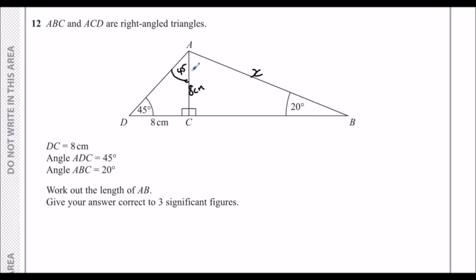Now for our triangle ABC, we are going to use SOHCAHTOA. So we've got the hypotenuse that we're working out, the opposite, which is 8 centimeters. The adjacent, we're not going to use. The adjacent's not in the question. So are we using SO, CA, or TOA?